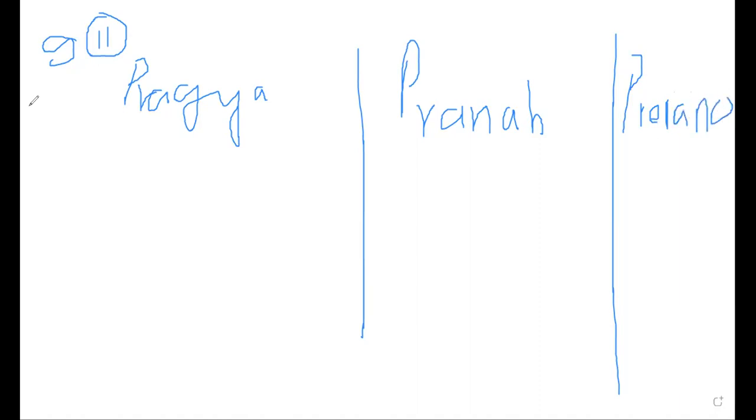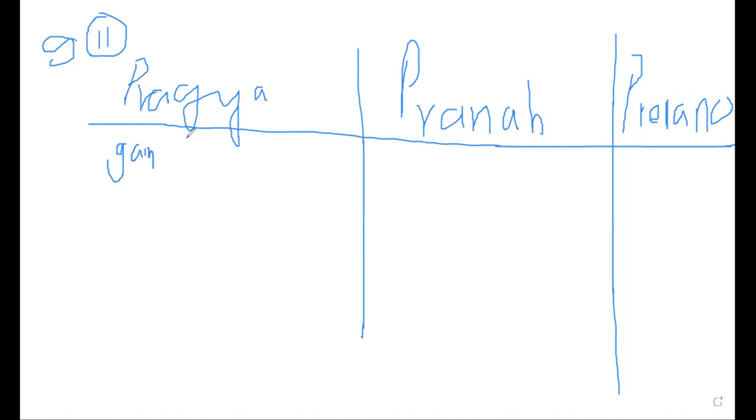Now, first, what is given there for Pragya? SP and gain percent, right? Gain percent is given there. Gain percent means profit percent.